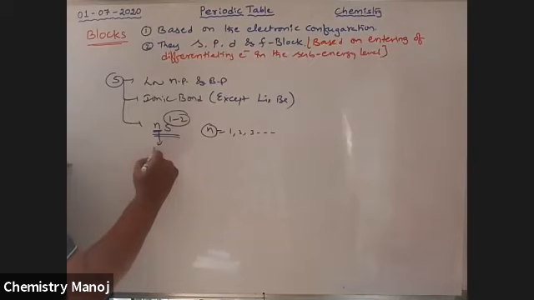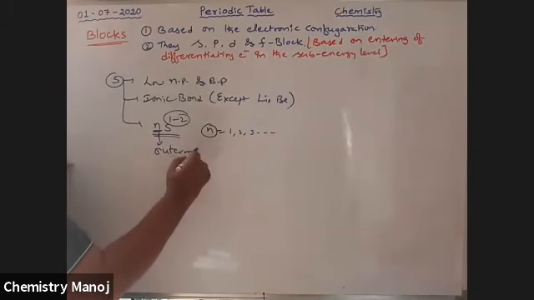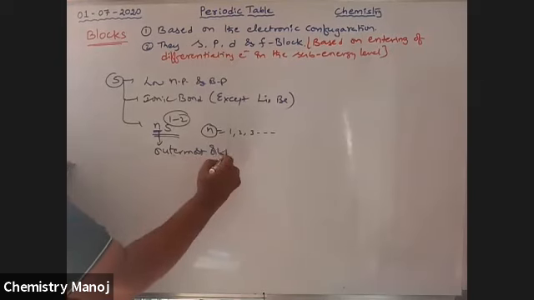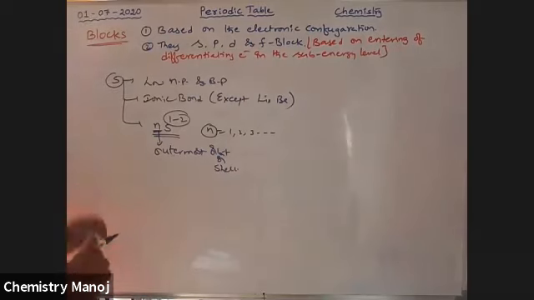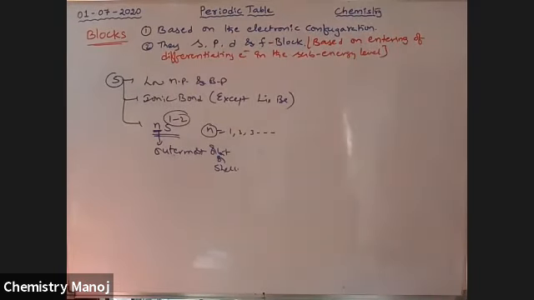It is the outermost orbit or outermost shell. So these are the different points in S block elements. The differentiating electron enters the S orbital. They have low melting and boiling points, and they lose electrons, that's why they are electropositive in nature.